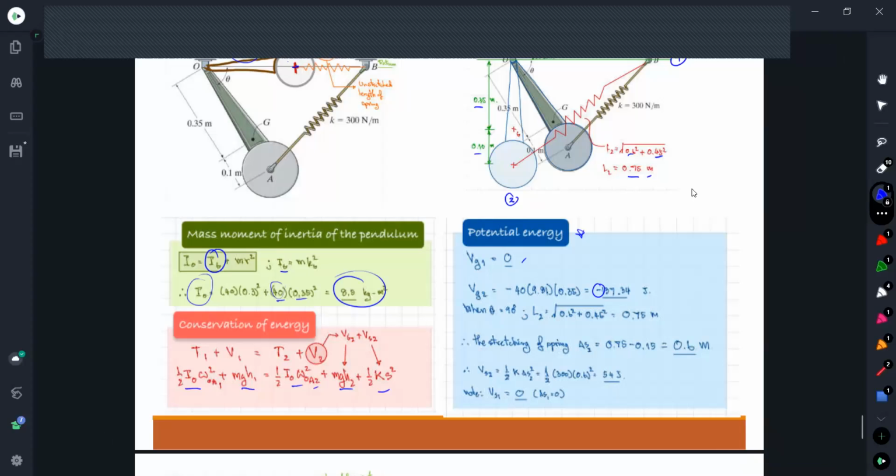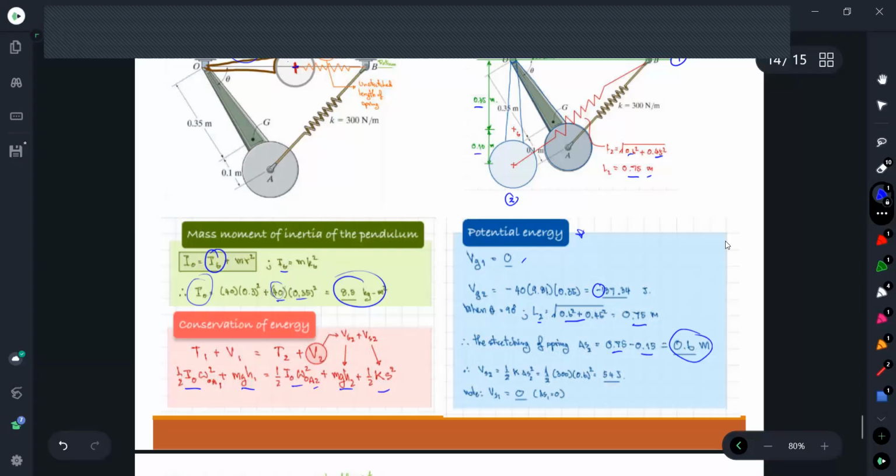When theta is 90 degrees, we can determine the stretched length of the spring, which is equal to 0.75 meter. This means that the stretching length of the spring is 0.75 minus the unstretched length, so the stretching of the spring is 0.6 meter.